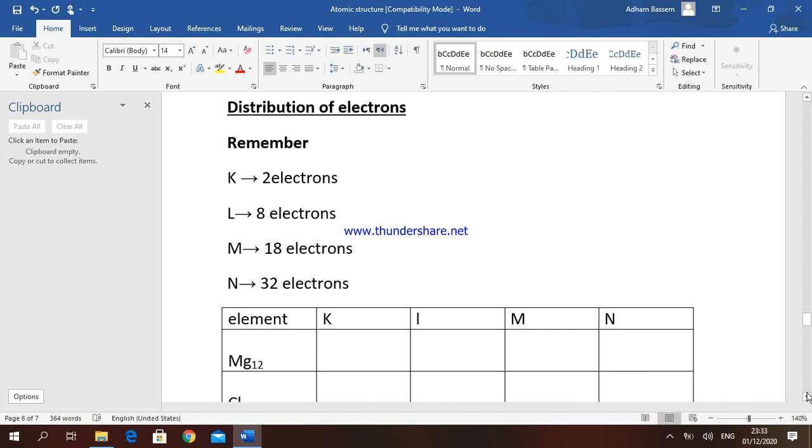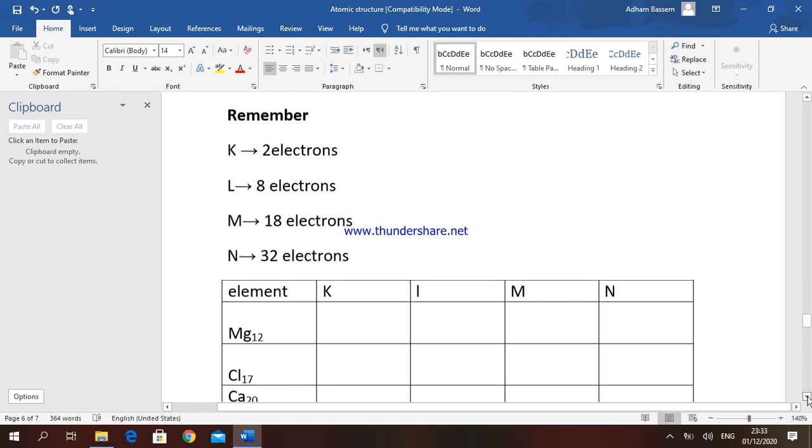By applying 2n power 2, where n equals the number of the energy level, we found that K is saturated with 2 electrons, L saturated with 8 electrons, M saturated with 18 electrons, N level saturated with 32 electrons.